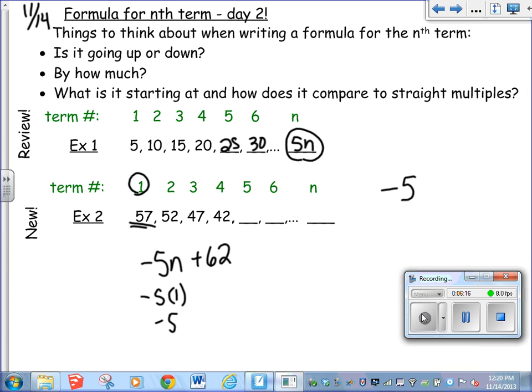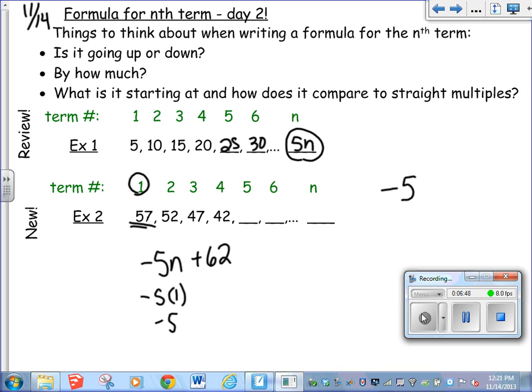Well, since it was -5 and the new term we get to is 57, we added 5 to make it 0 because it's negative, and then we added the other 50. Okay, you added 5 to 57 to get the 62. How come?